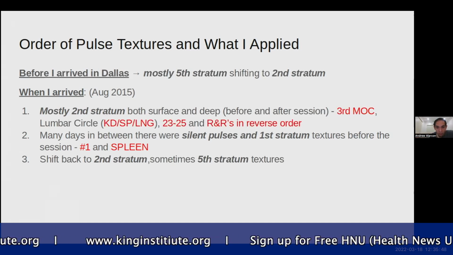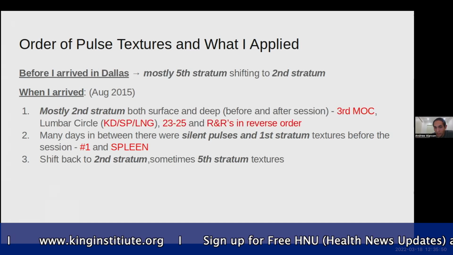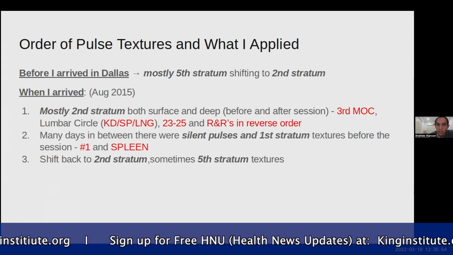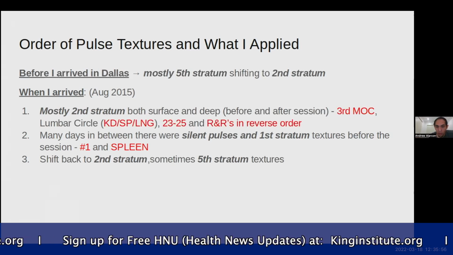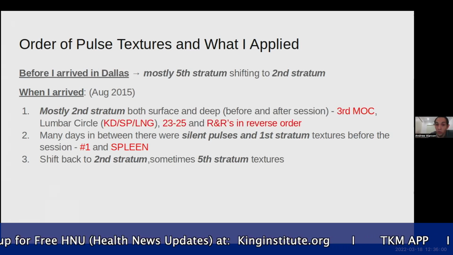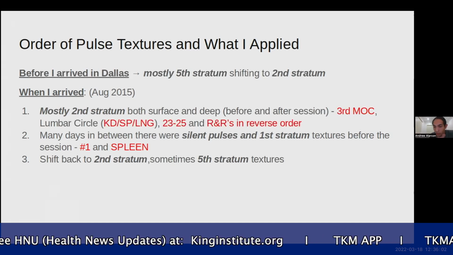So far, this sort of makes sense that it's mostly stuck in second stratum, but sometimes it goes back to fifth stratum. So this is still within the order of those pulses.